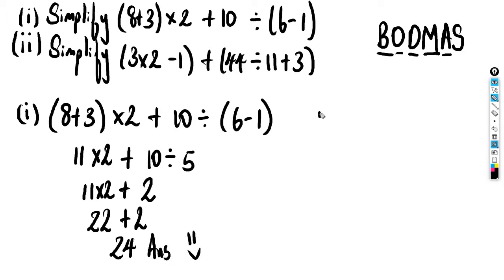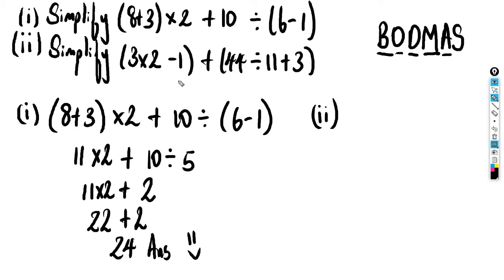Cool. So let's do the second one now. We're going to do brackets first again. So brackets first, and 3 multiplied by 2 minus 1. Even inside the brackets, we still follow the same rules. In the brackets first, the first thing we're going to do is multiply. There's no division in there, so multiply before we subtract.